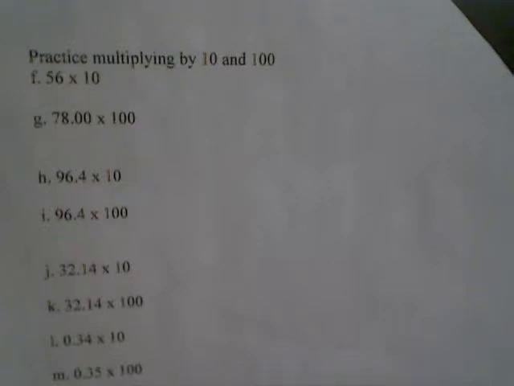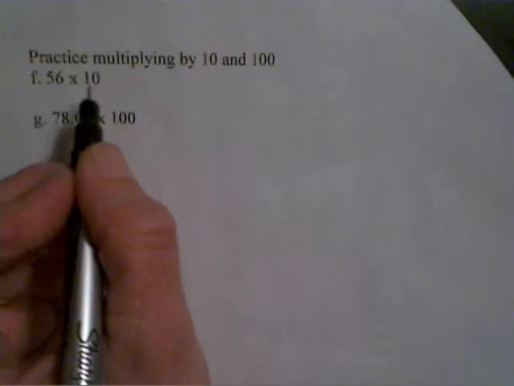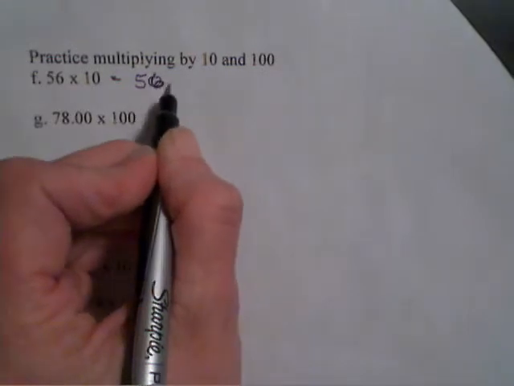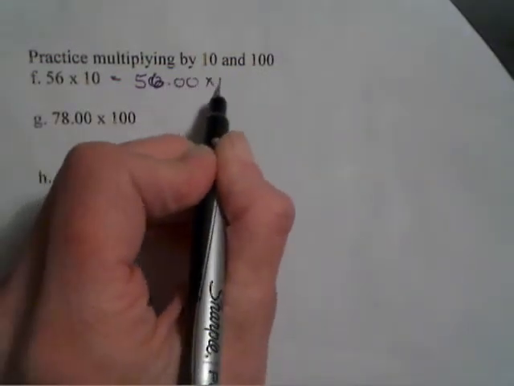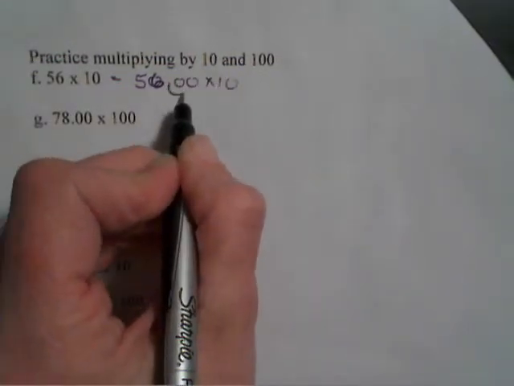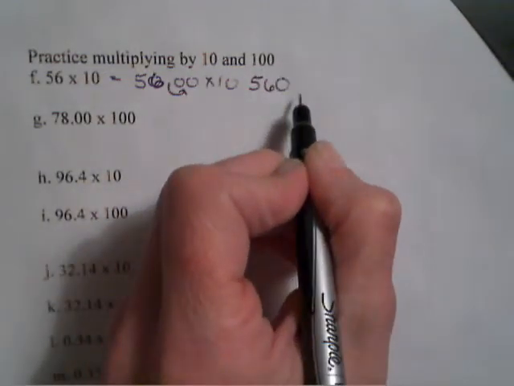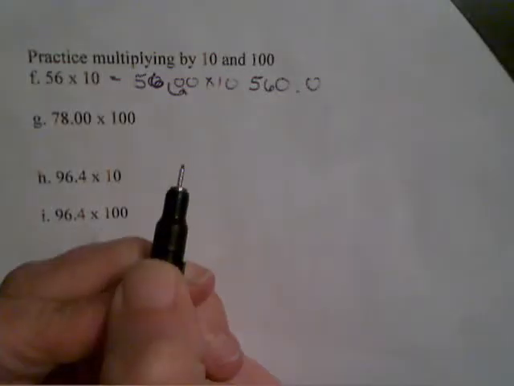Alright, if you're a good little boy or girl, you stopped the video and you did all the problems. So now we have this whole set of problems that I'm going to run through. We have 56 times 10. If I take a decimal, let's pretend, 56.00 times 10. If I move that decimal over one spot, I end up with 560.0.